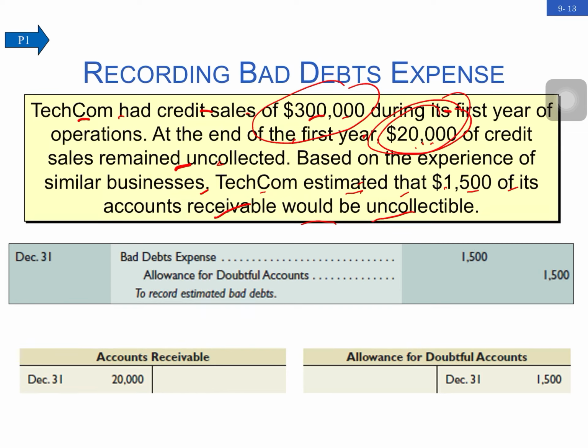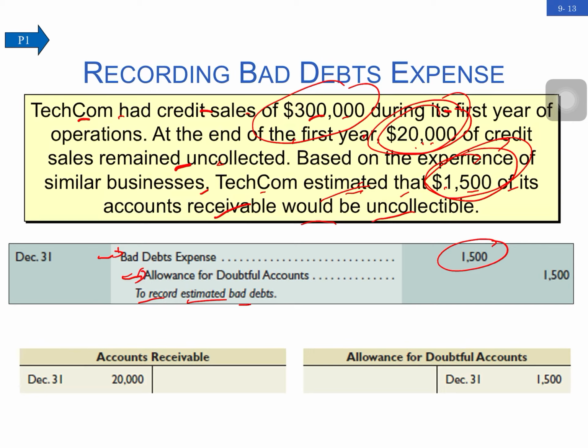But from this number, you estimate that for 1,500 you cannot collect. Okay, you estimate that. How are you going to record? You will record bad debt expense on debit and allowance for doubtful accounts on the credit side, for $1,500 to record estimated bad debts.